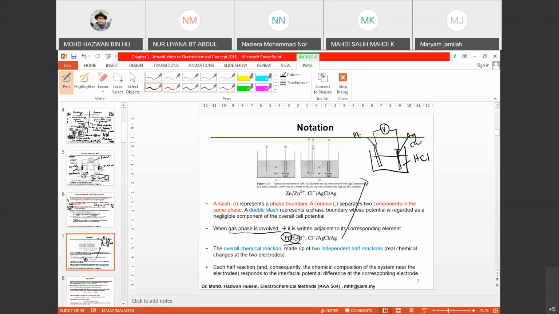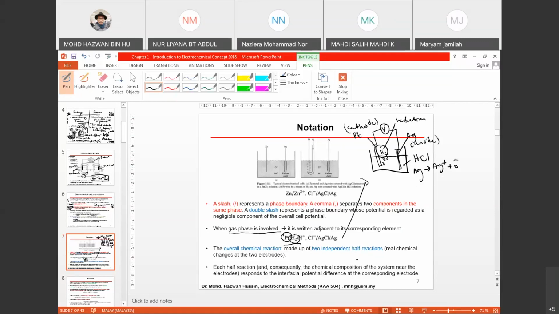Of course, this one will be the anode, and this one will be the cathode. So why will platinum be the cathode? Because platinum is non-reactive, and it produces hydrogen gas. Anything that produces hydrogen gas is a reduction process. So Ag becomes Ag plus and an electron. So this is oxidation.